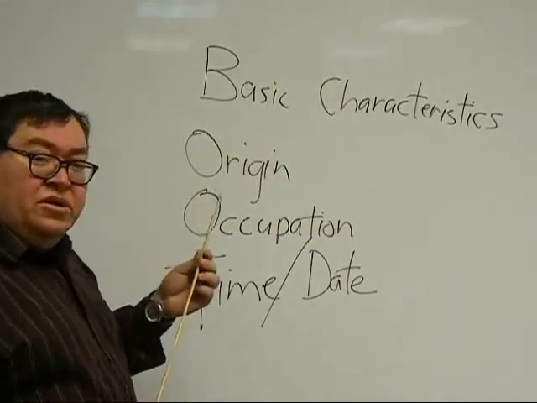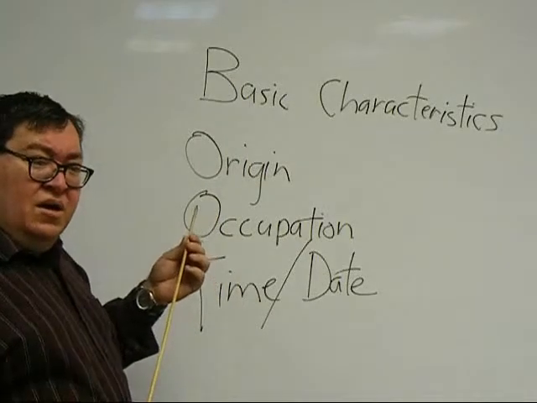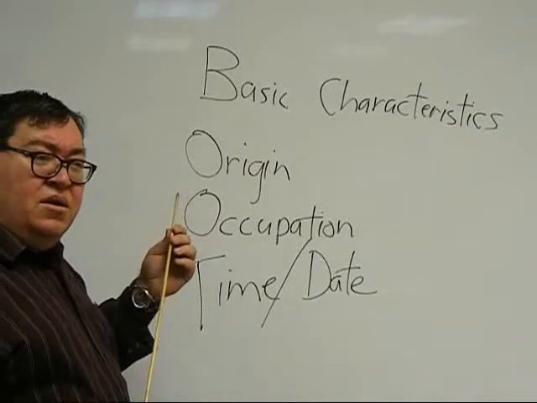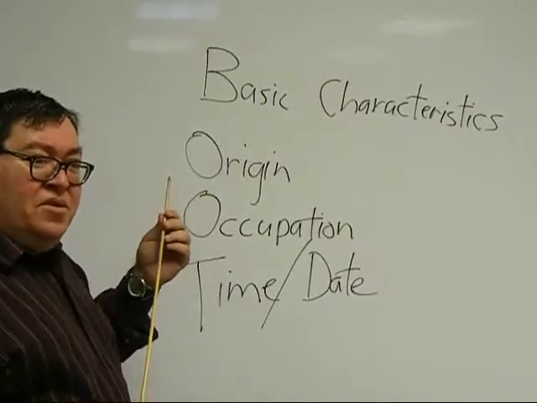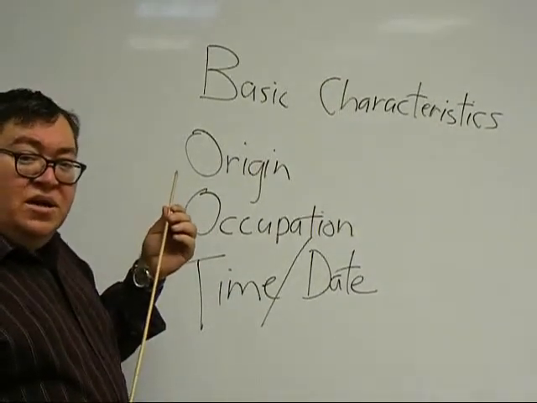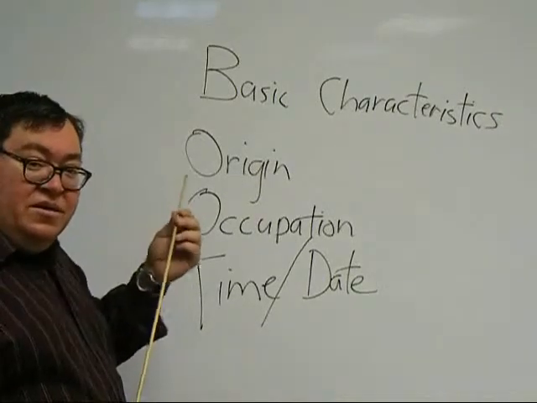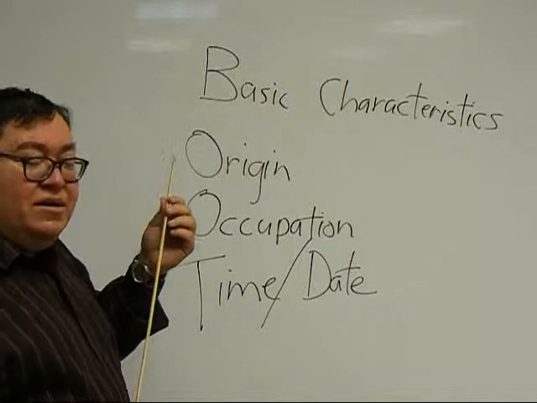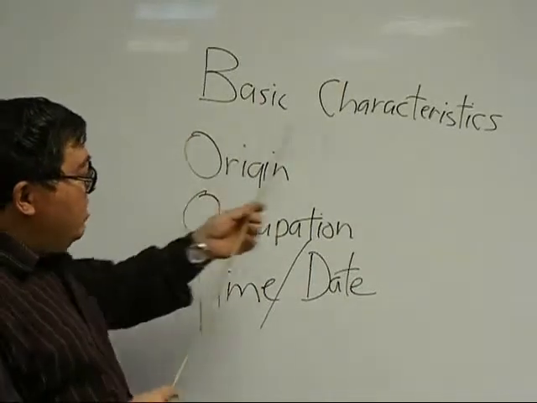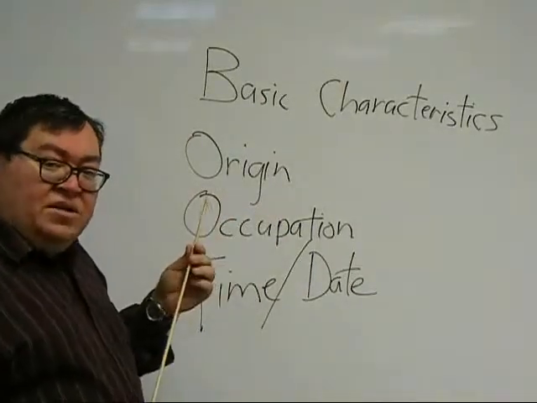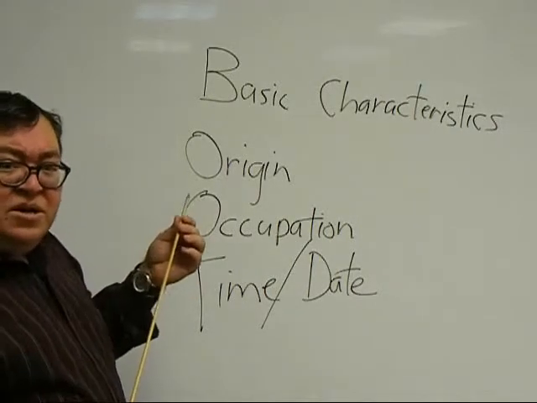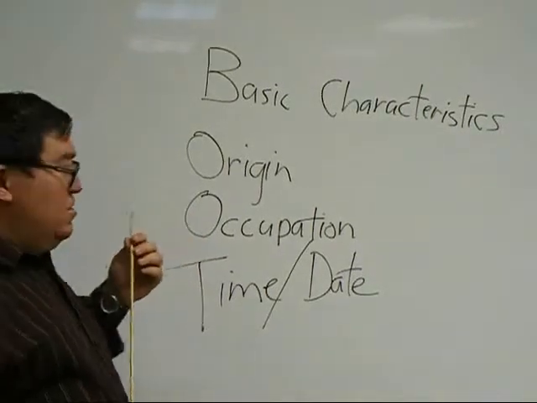Another semi-permanent characteristic would be weight. Él es gordo, or el perro es gordo. The dog is fat. He is fat. Fat is something that changes slowly, if at all. It doesn't happen overnight. Although for those of us who are fat, sometimes we felt like it happened overnight, but it did not. And so these basic characteristics are things that are part of who the person is. And they're things that either don't change at all, or if they do, they change slowly.